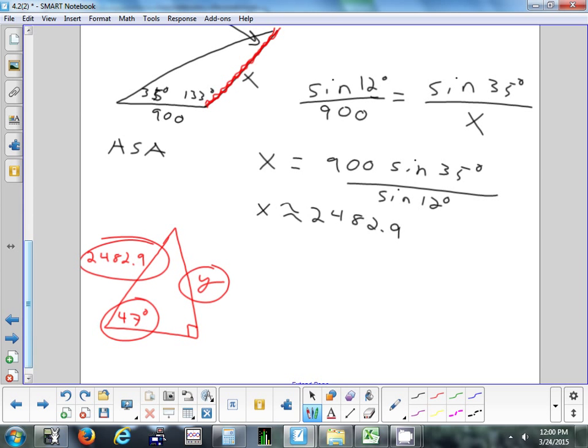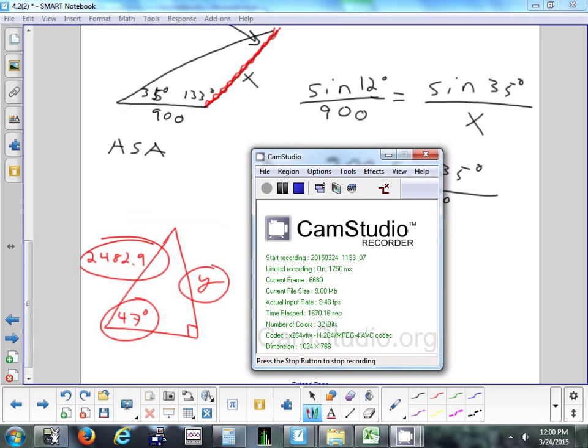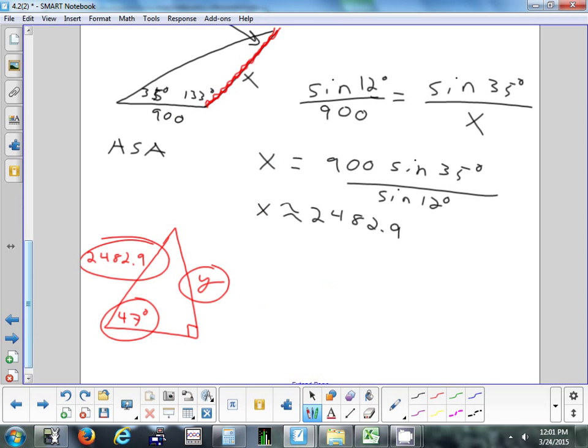Which trig function? All right, so what trig function could I use that would involve 2,482.9, the 47, and the Y? Cosine? Cosine would involve adjacent. Tangent still has adjacent. It's a 50-50 chance. Sine.